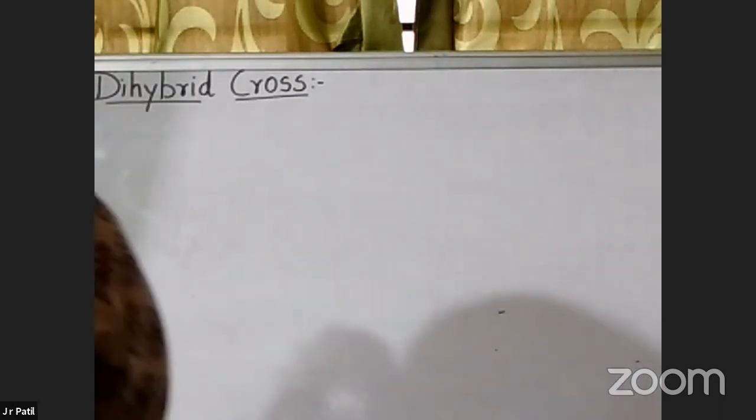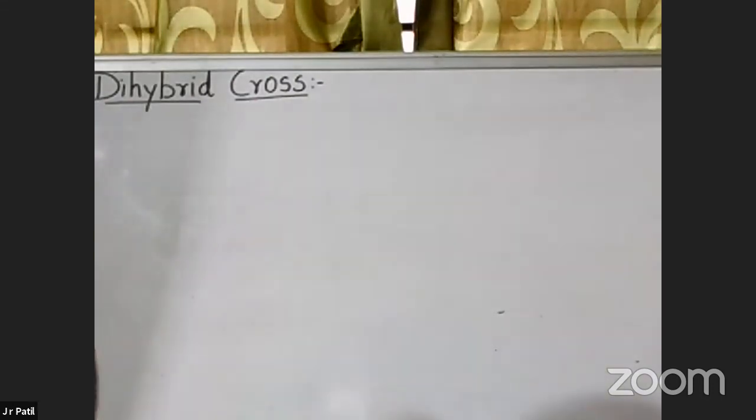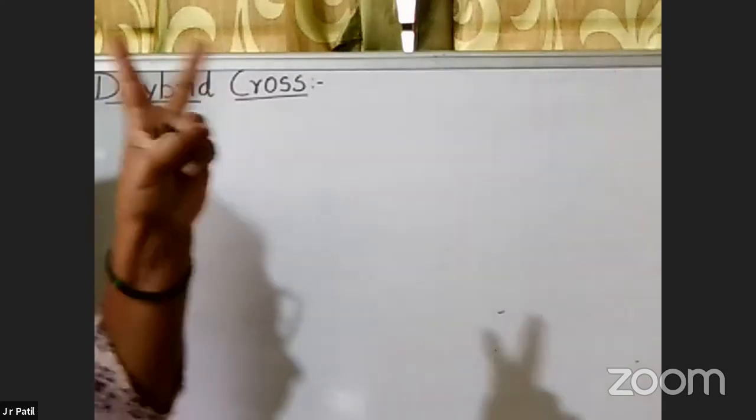Can you guess what you mean by dihybrid? Two characters. Di means two. So now we were taking only one character, no? Now we will take two characters at a time.